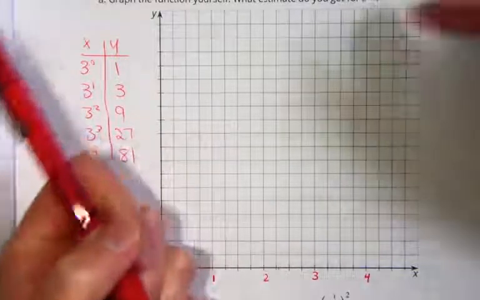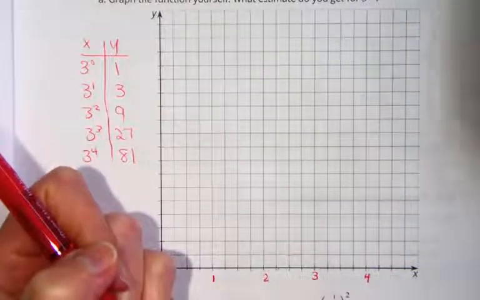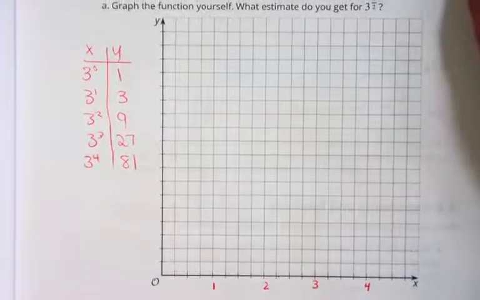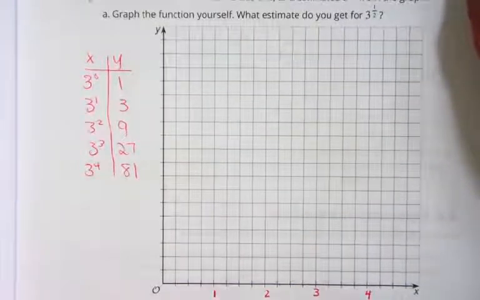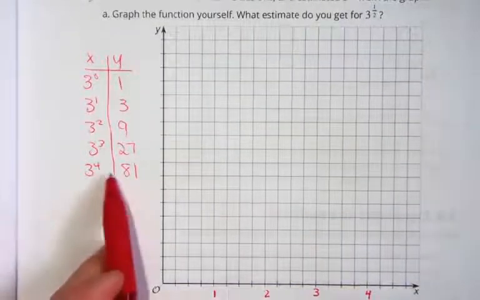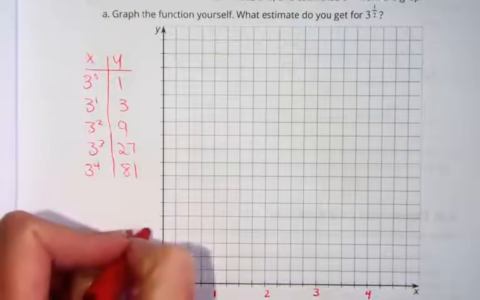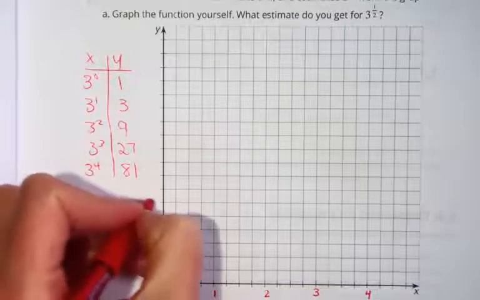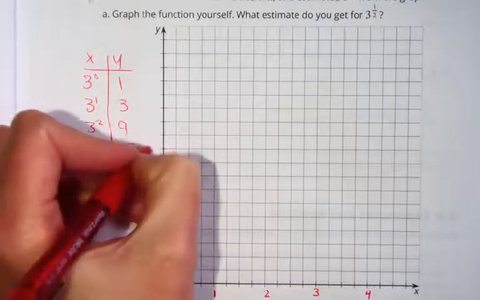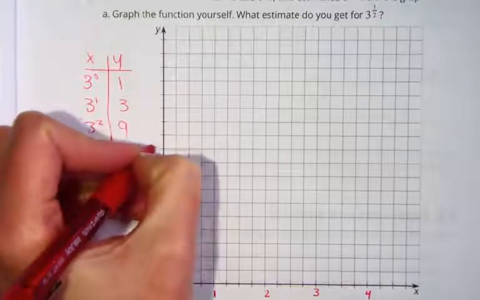With a smaller base like 3, we can use some bigger numbers here. I'm going to use my same scale of by 5s going on my y-axis. Oop, that's 50, not 15.